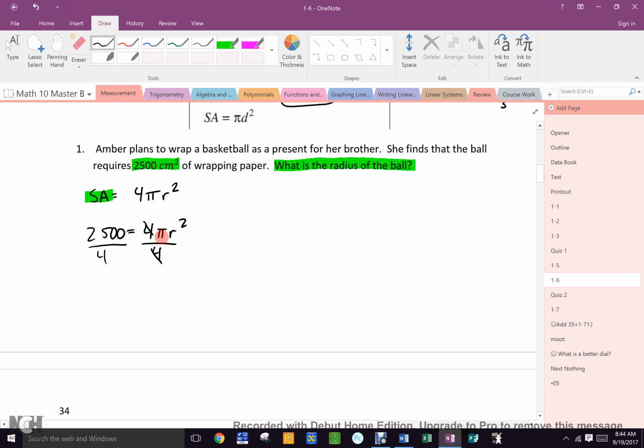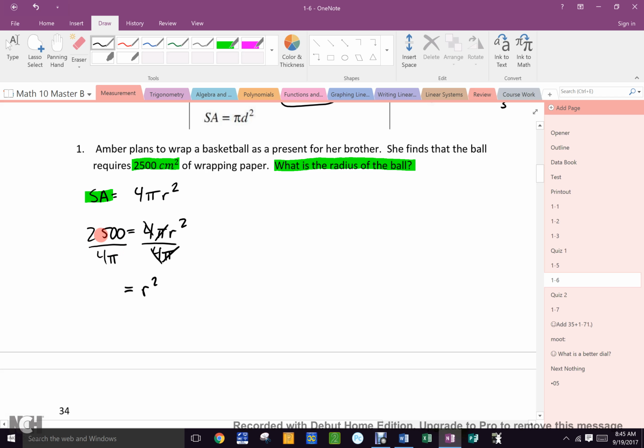What else do I need to get rid of? The pi. How do I get rid of that pi? I eat it. But no, seriously, how do I get rid of the pi? Divide again. That's going to get rid of the pi. So what do I got to do over here? Divide by pi. Now this causes trouble when you go to your calculator. So now I've got my r squared.